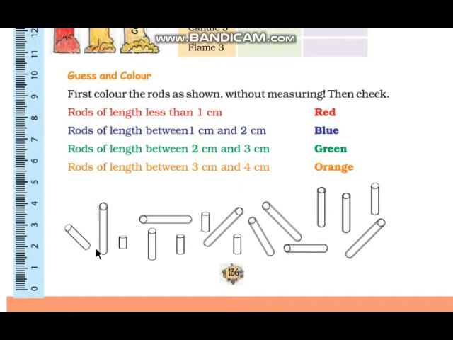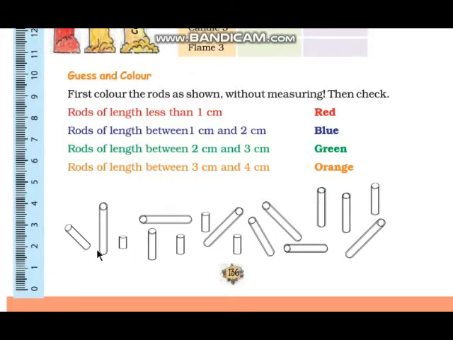So, color the rods which are less than 1 cm red, the rods which are between 1 cm and 2 cm blue, the rods which are between 2 cm and 3 cm green, and the rods which are between 3 cm and 4 cm orange.